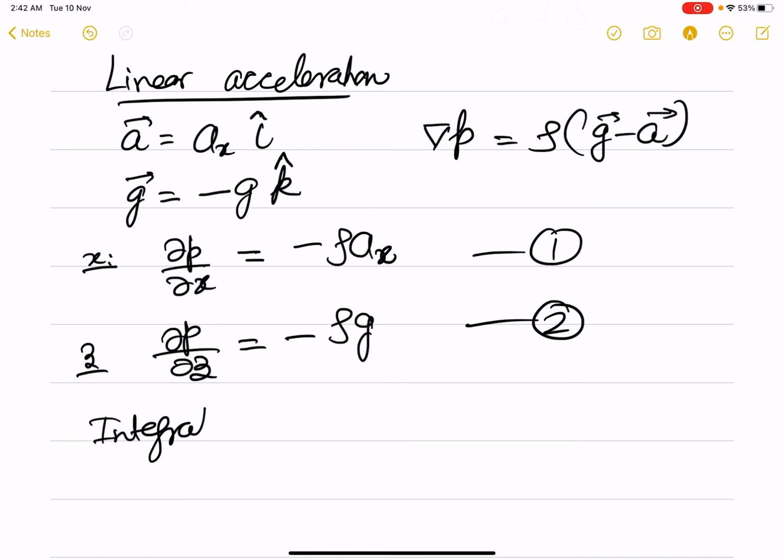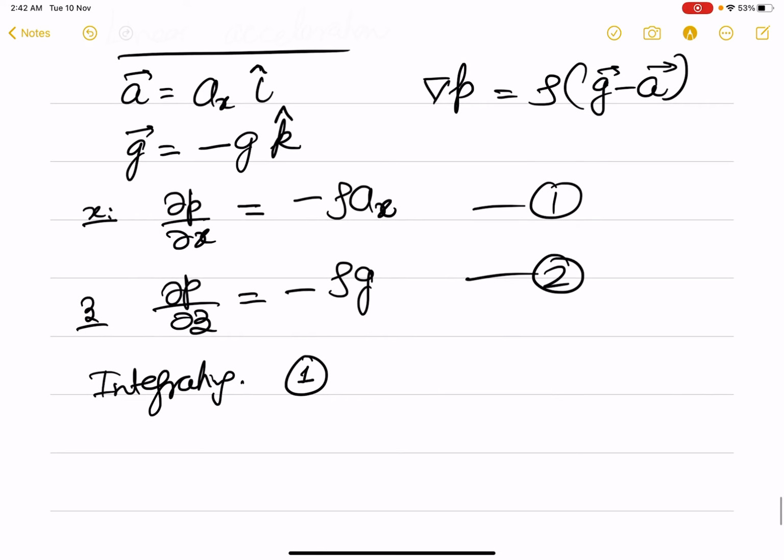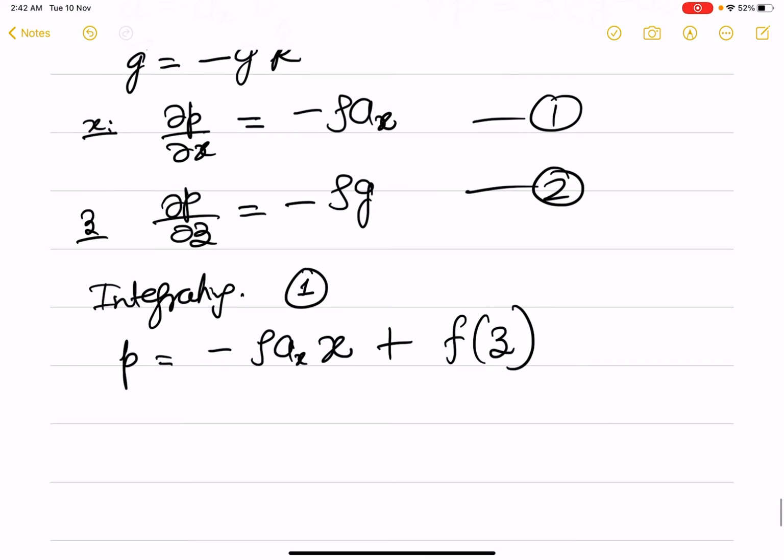We'll be doing this many times in the course, integrating 1. Now this is a partial differential equation. So we get P is equal to minus rho ax times x. And now because this is a partial differential equation, instead of a constant, what we will get will be f(z).